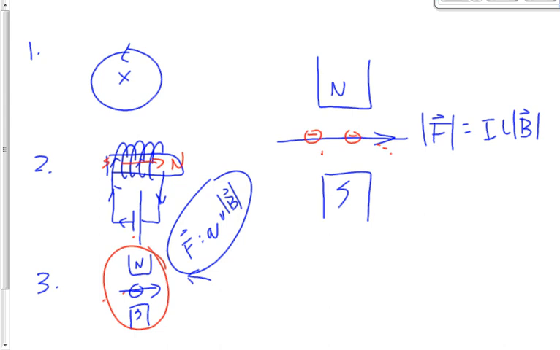What's I stand for? Yep, current. Good. I stands for current measured in amps. L stands for the length of the wire, the length of the wire that's exposed to a magnetic field. If you have a 10 centimeter long wire, but only 8 centimeters is part of the magnetic field, then we only use 8 centimeters.